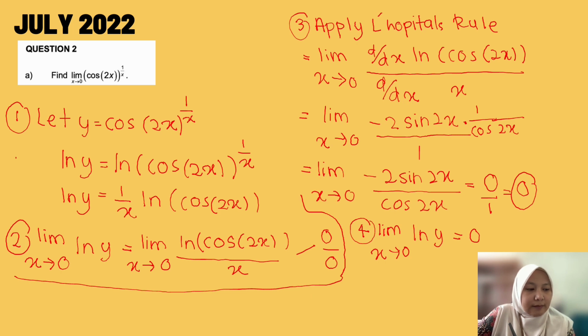So write down here. We have limit of x approach to 0 of our y. To get rid of the natural log, we will apply exponent on both sides. So therefore, on the left hand side, the natural log is gone, so we only left with y. And then on the right hand side, we will have limit of x approach to 0, exponent of natural log y.